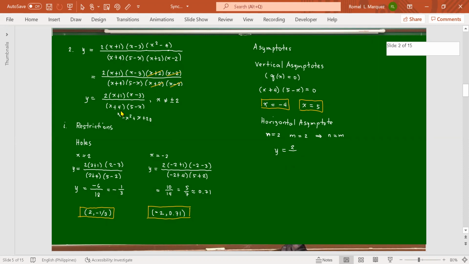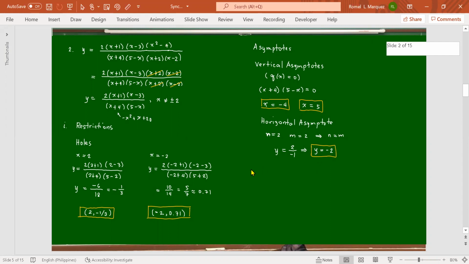Positive negative 4x, positive 5x, positive x, then positive 20, negative x squared. So it means negative 1 is the coefficient of the highest power. So what is now our horizontal asymptote? It is an equation. y equals negative 2. Okay, guys? Silence means you agree.